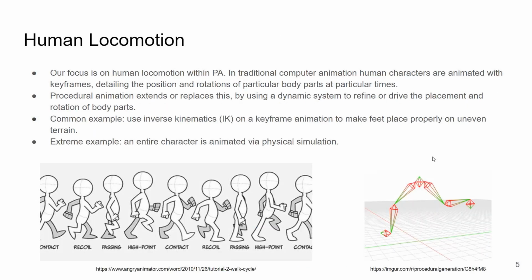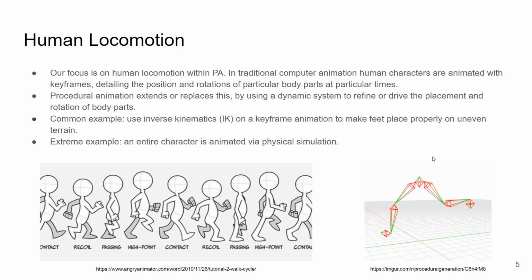Human locomotion. Our focus is on human locomotion within procedural animation. In traditional computer animation, human characters are animated with keyframes, detailing the positions and rotations of particular body parts at particular times.